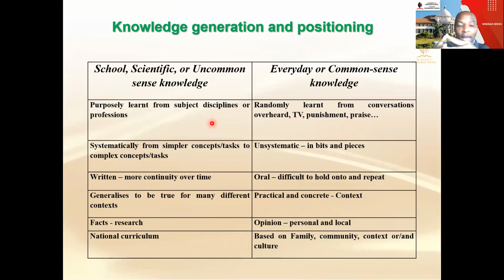And then from there, you will be able to deal with these issues according to your needs. So here they use this generation of school knowledge or scientific knowledge, which is the prescribed content according to your discipline, and it is coming from research. You conduct research, you generate it.